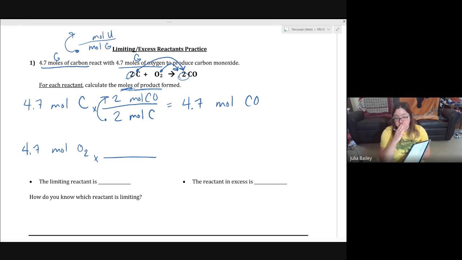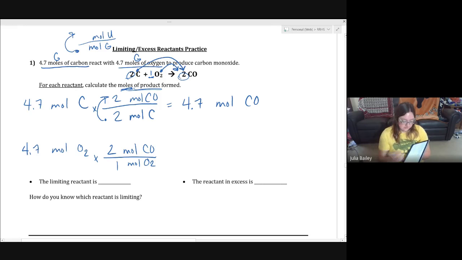This time 4.7 moles of oxygen is our given. You're still going to do what goes up must come down. You're still going to put your unknown on top, which is moles of CO again. You're going to use the coefficients from the reaction again. So if the reaction says 2 CO, or 2 moles of CO, there's no number in front of oxygen, which means it's really just one mole of oxygen in your reaction.